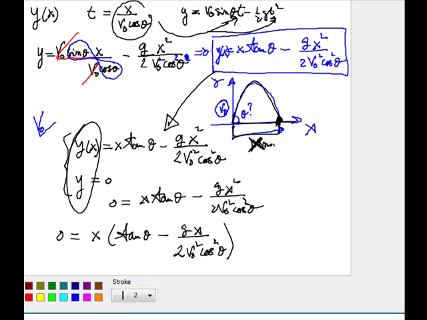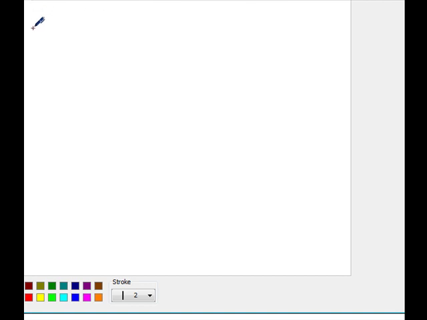So in this case, we can solve for x. Oh, it's going to be messy. Let me rewrite this on a new page. We have tangent theta minus g x over 2 v naught squared cosine squared theta, and this is set to 0. So as we solve for x, I'm going to replace and rewrite tangent as sine over cosine.